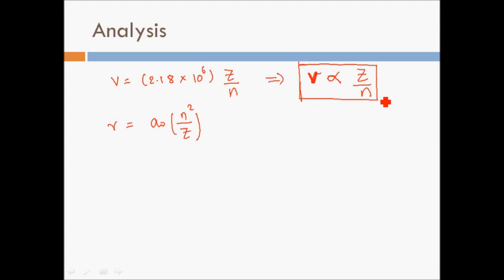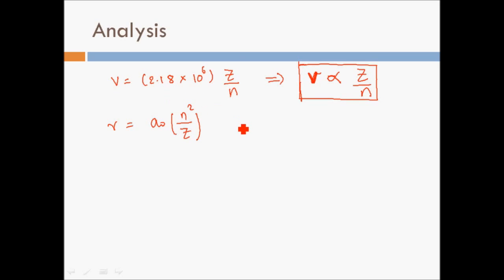So the greater the atomic number, the greater is the charge, the greater is the electrostatic force, and hence the greater is the velocity. And the greater the orbit number, the lower is the electrostatic force, so the lower is the velocity. So you have to remember that velocity is directly proportional to atomic number but inversely proportional to the orbit number.